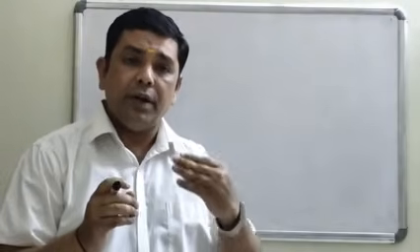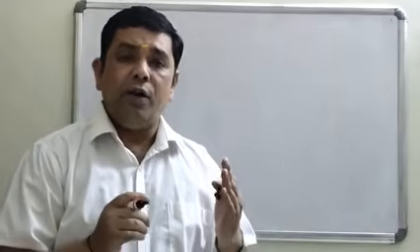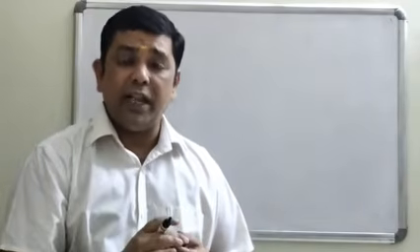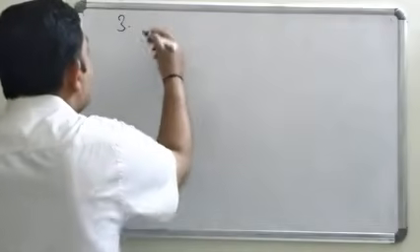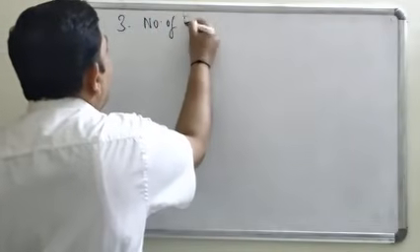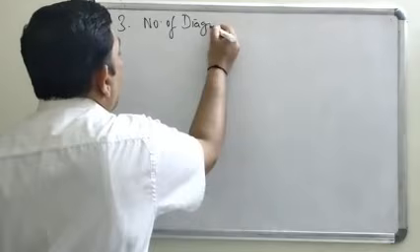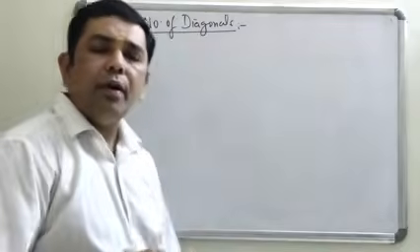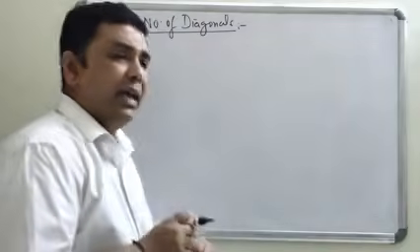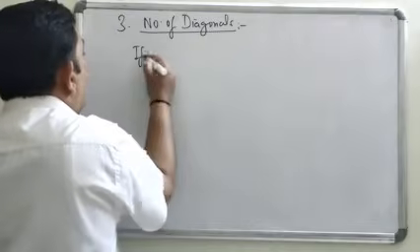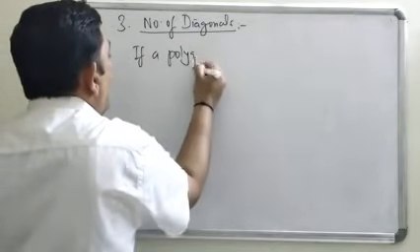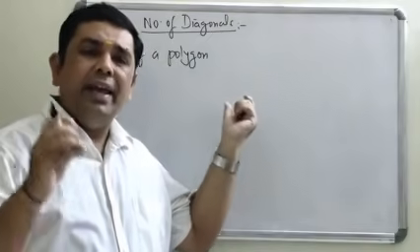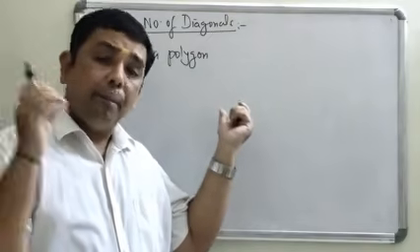If we have understood how we are talking about the number of straight lines being drawn, then the same concept can be extended to talk about the number of diagonals. Okay, the number of diagonals. So a polygon is any figure which has got a number of sides.